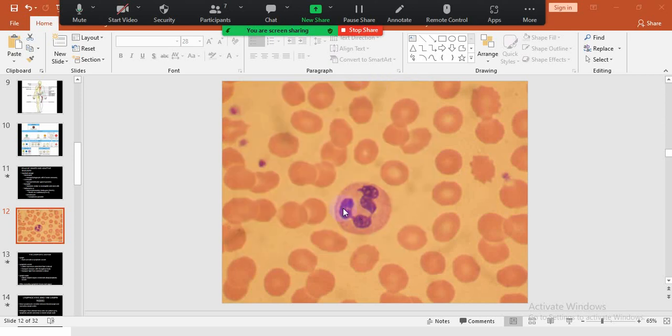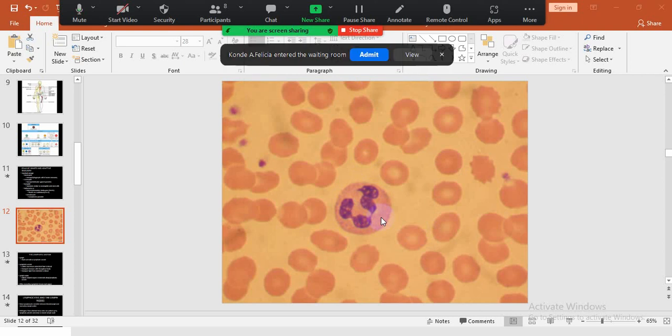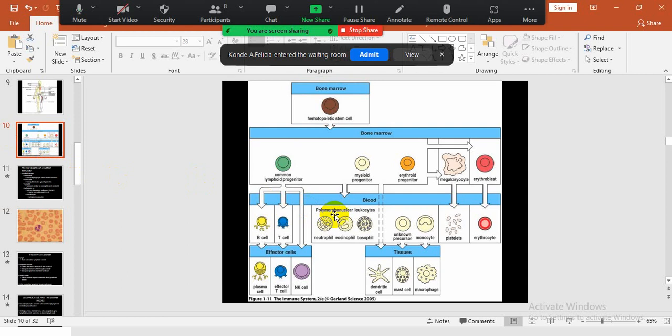Okay. What's the name for this cell? What type of granulocyte is it? Look at the granulocytes here. There are three. Which one resembles what we are seeing here?